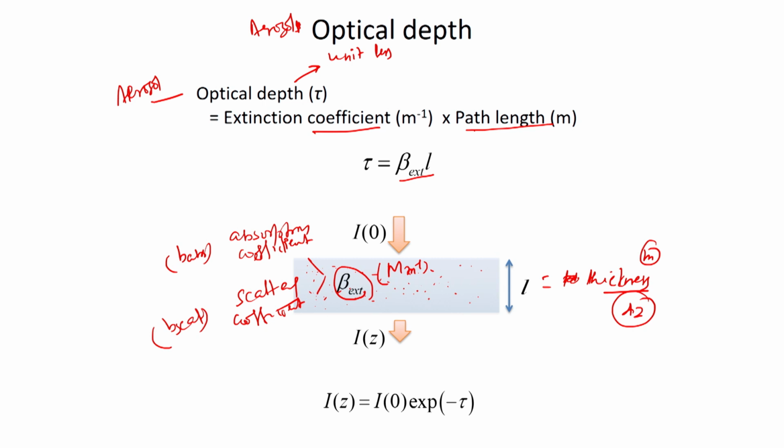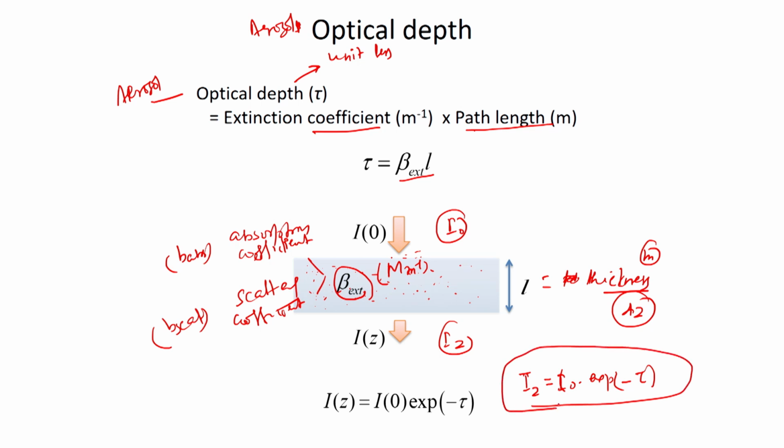Now assume that at any particular height z, the intensity of the radiation is I0, and then here it is Iz. There is a relation that Iz can be written as I0 exponentially minus tau. This is a very important equation, and it tells that the light is attenuated depending on the optical depth.